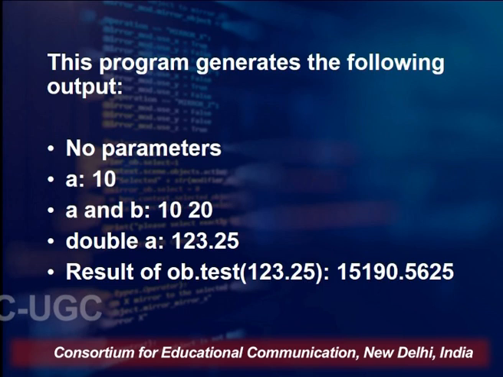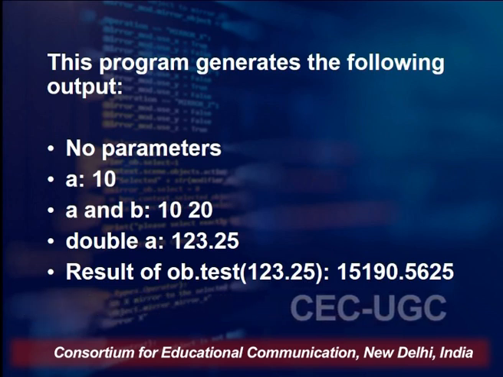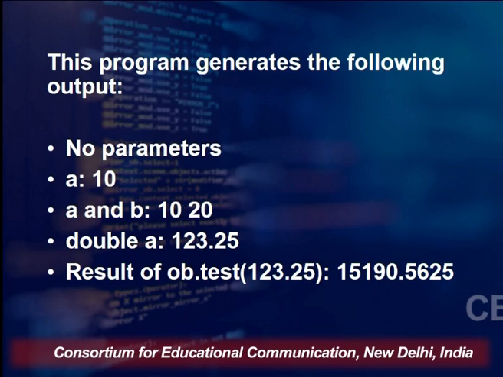This program is generating the following output, which is obvious: no parameters from the first call, value of a is equal to 10 from the second call, value of a and b 10 and 20 from the third call, and value of double a 123.25 and its square, which is a multiplied by a, from the fourth call also.